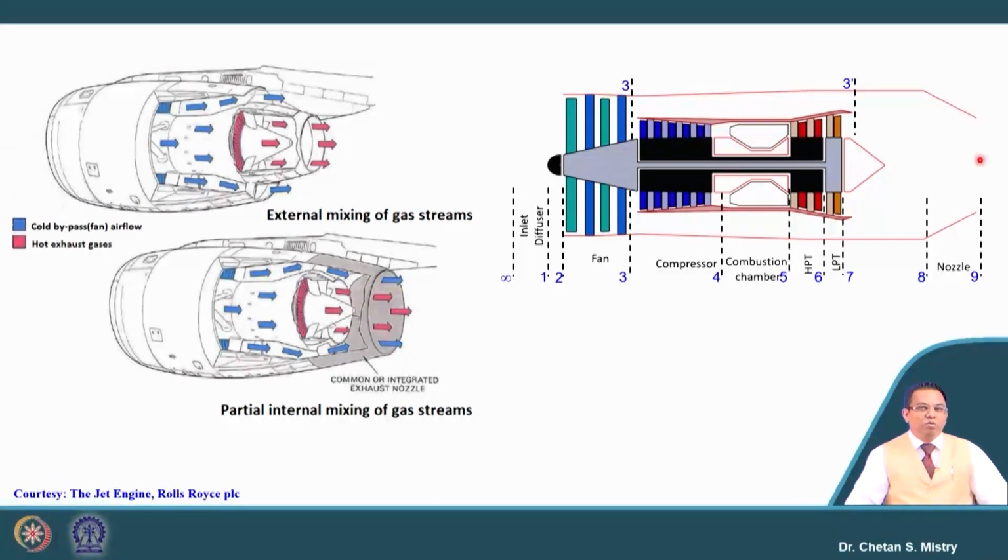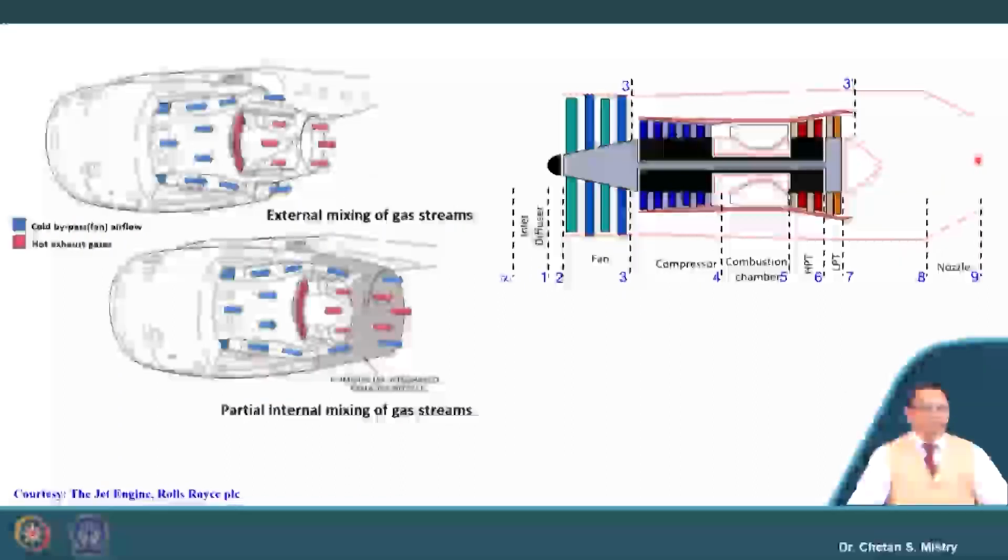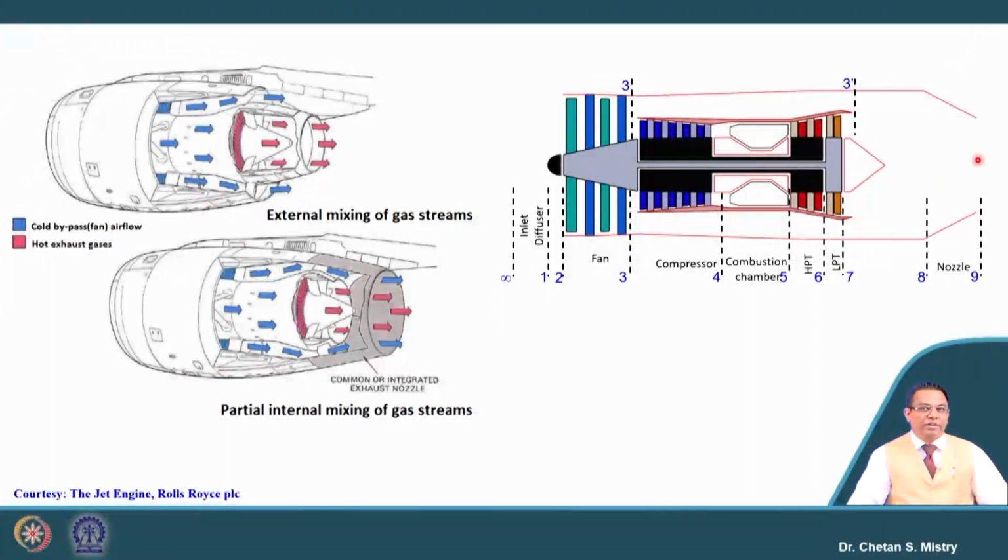Now, let us try to understand what the benefits are of using this configuration. Just think about what the benefits of this kind of configuration are. What do you feel? Yes, the very first thing you can say is that we are mixing our hot gas and cold air here, which will lead to suppression of our IR signature.